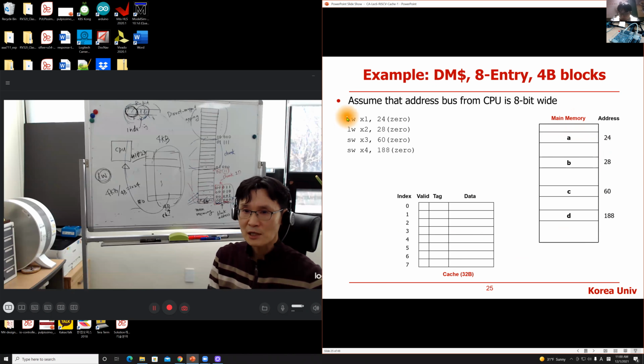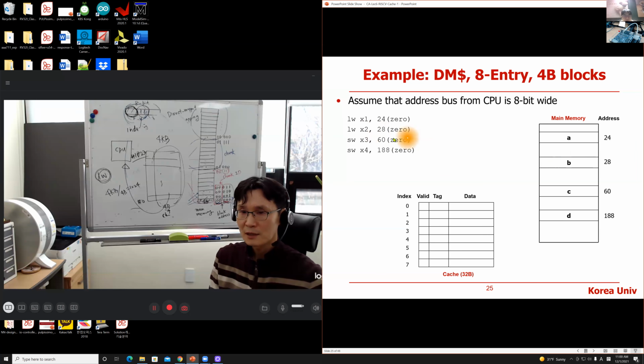So let's execute these 4 instructions. The first instruction reads from memory location 24, which is A. The second reads data from location 28.